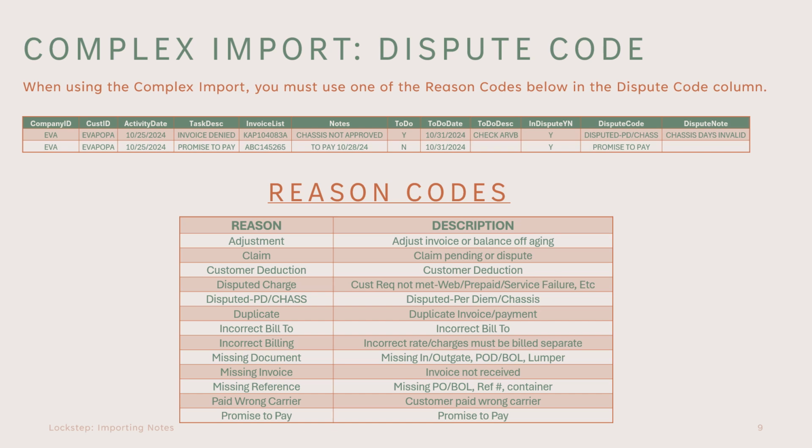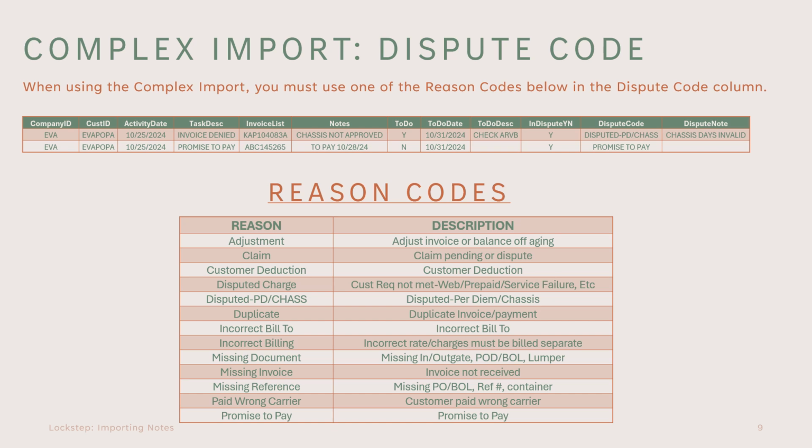The complex import has one final feature, and that is the ability to tag an invoice as disputed. So, in our last three columns is where you would enter your dispute information. Our first column, In Dispute Y/N, is asking, is this invoice being disputed?